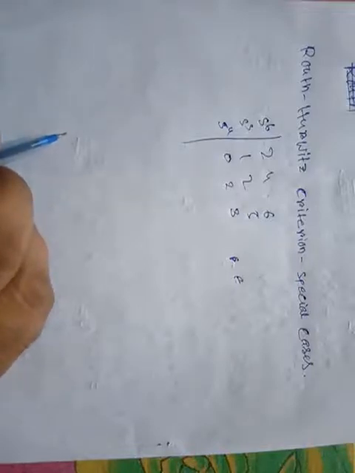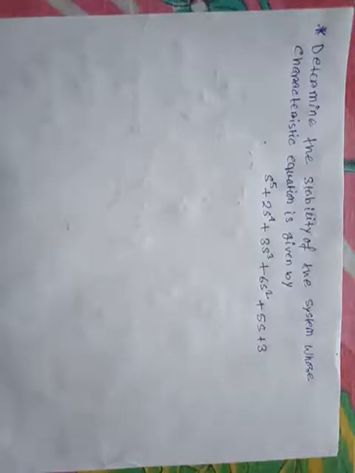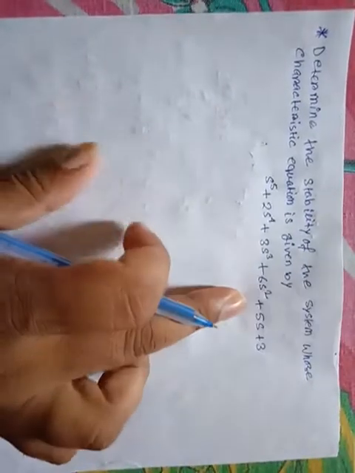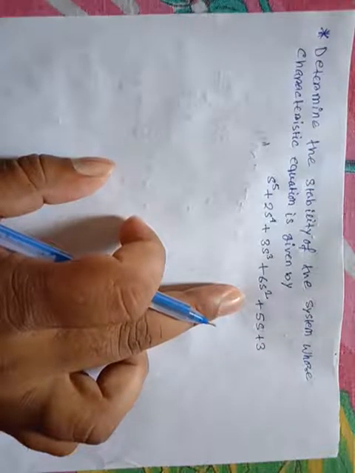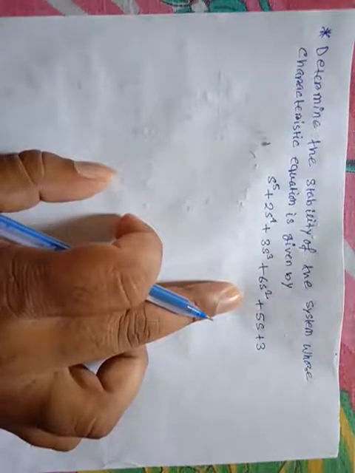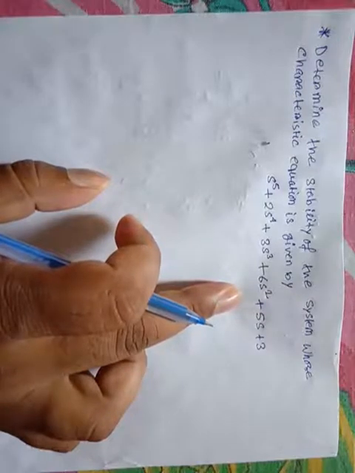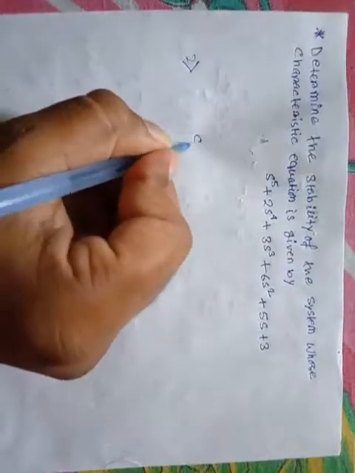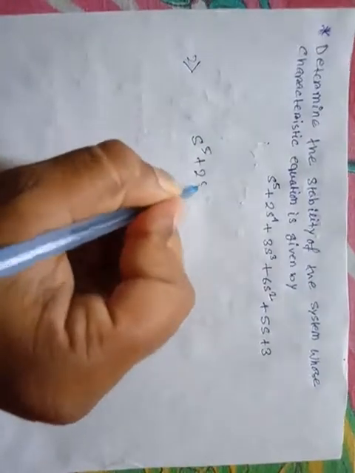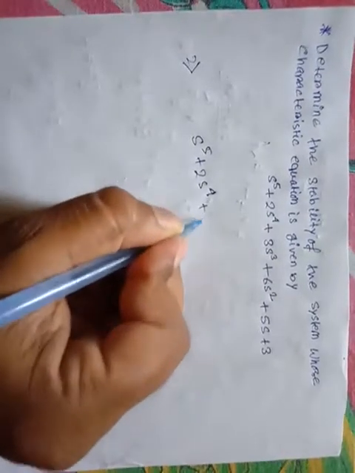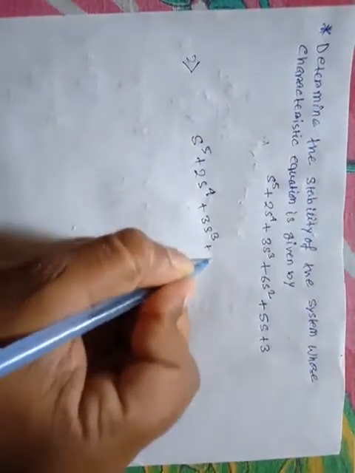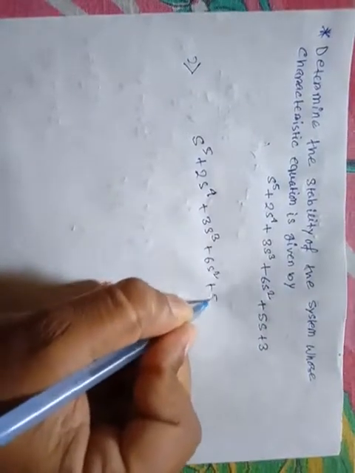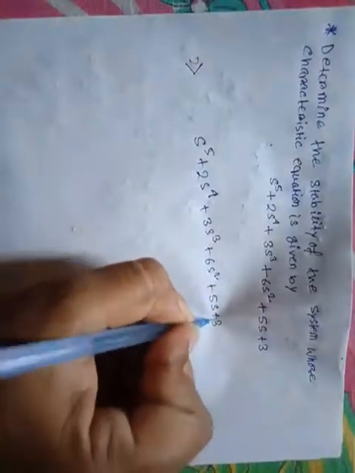Let's take an example for a clear understanding. Determine the stability of the system whose characteristic equation is given by s to the power 5 plus 2 s to the power 4 plus 3 s cube plus 6 s square plus 5 s plus 3.